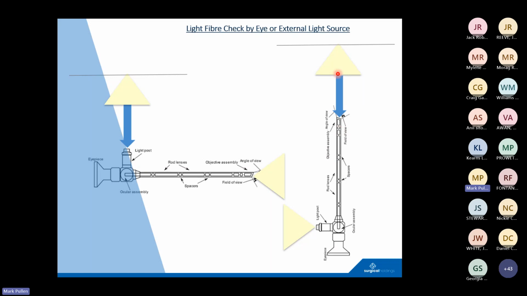So hold the distal tip up to the light, and that should transfer light to your light post down here. If you do this and you see any black dots, this indicates that you've got broken fibers. And in extreme cases, light output will be completely black, showing a complete loss of light. This is obviously going to reduce any light flow through the scope.